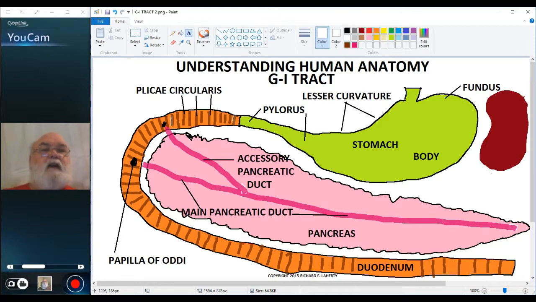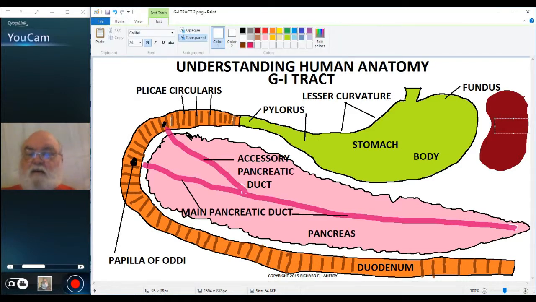So again, not part of the GI tract, but seen with the GI tract and shares a vascular supply with the GI tract. So the spleen is right here.